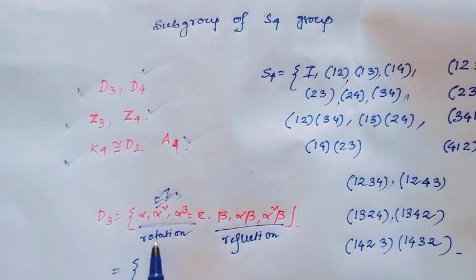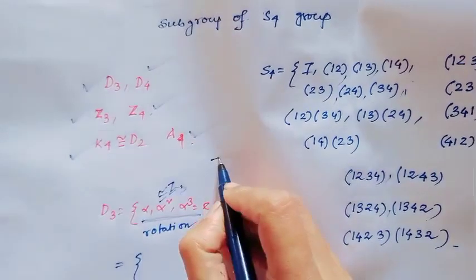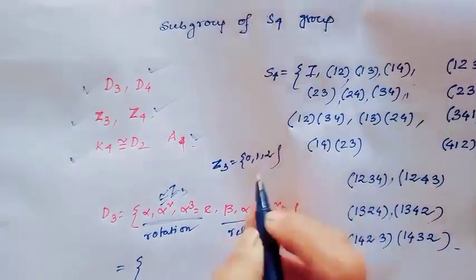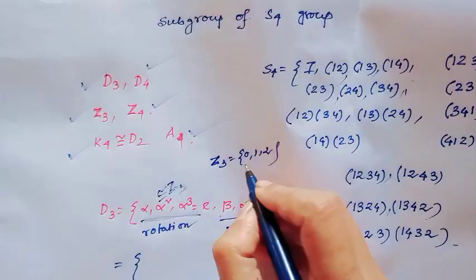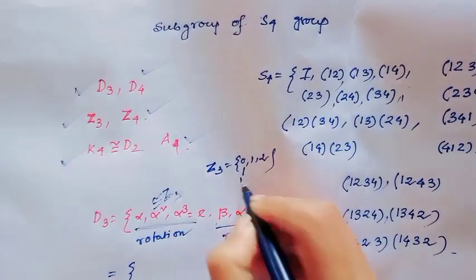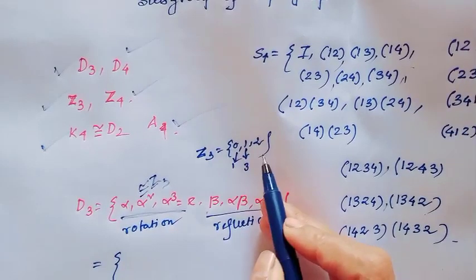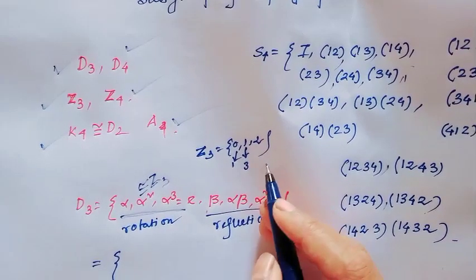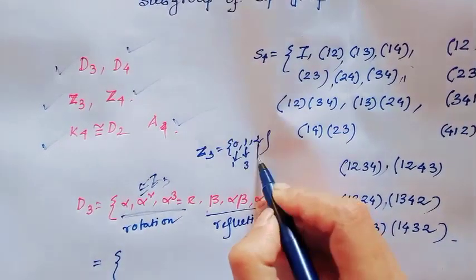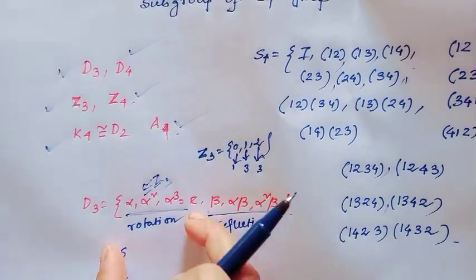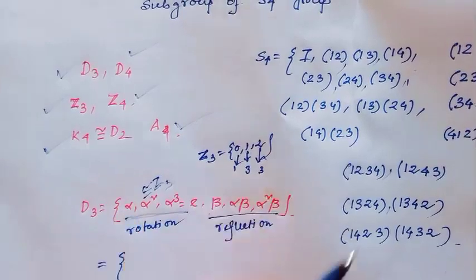At first, the rotation. Look at the elements of Z3: 0, 1, 2. In Z3 the order of 1 is 3, and the order of 2 is also 3, and rotation means this is isomorphic to Z3.